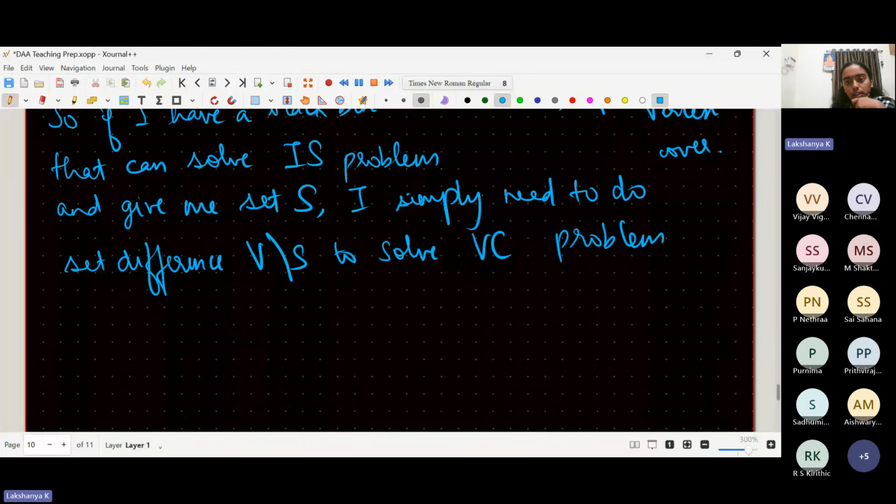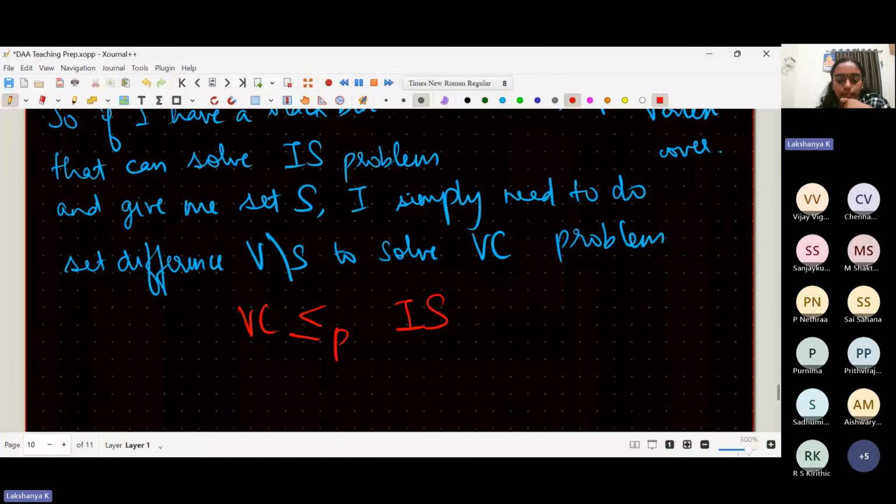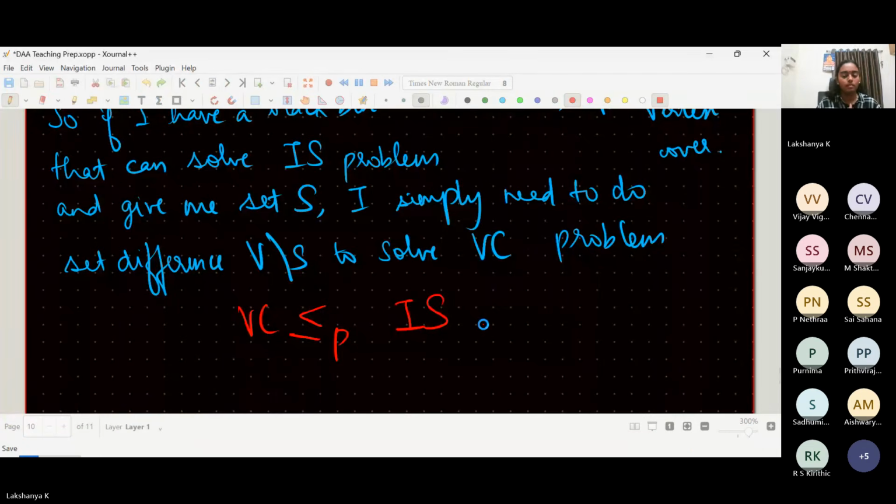So vertex cover is polynomial time reducible to independent set. Make sense?